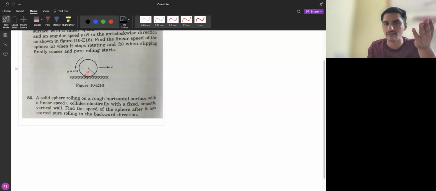Even if we take mg, mg is also passing through point P only. But because of mg, it doesn't rotate, it doesn't roll. The reason may be friction, but that friction is passing through that same point P. It means that with respect to P, if we calculate, there is no torque at all.